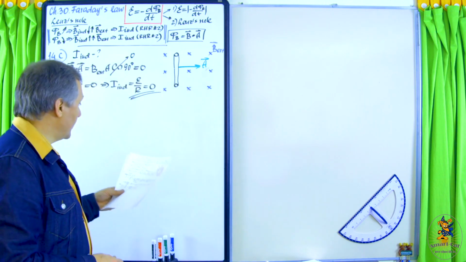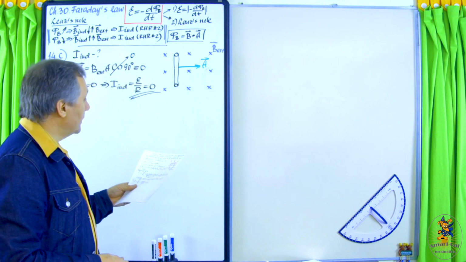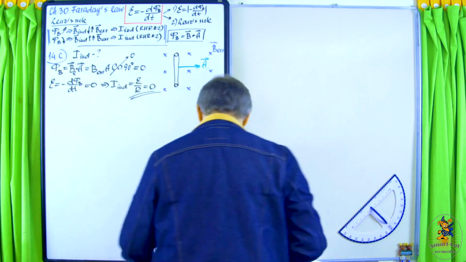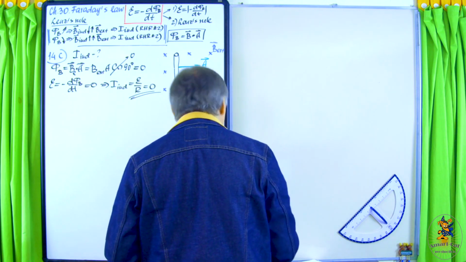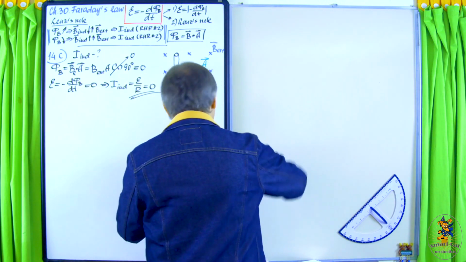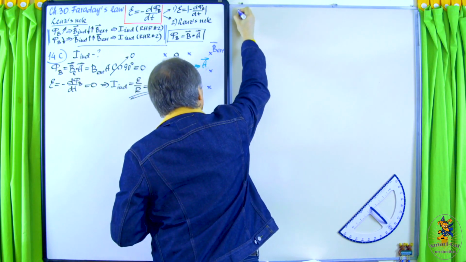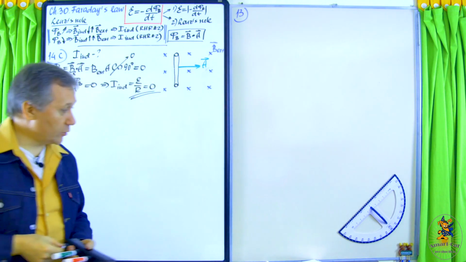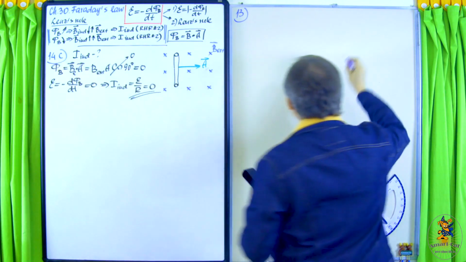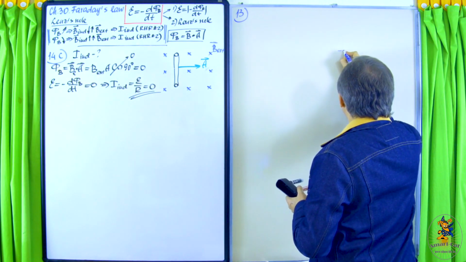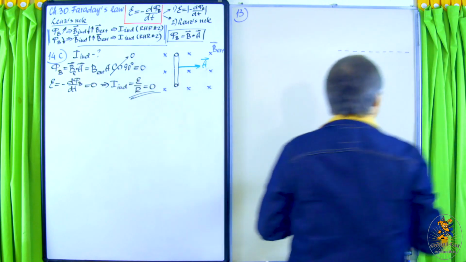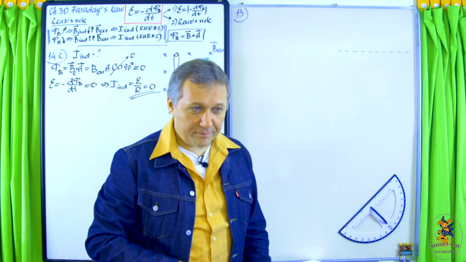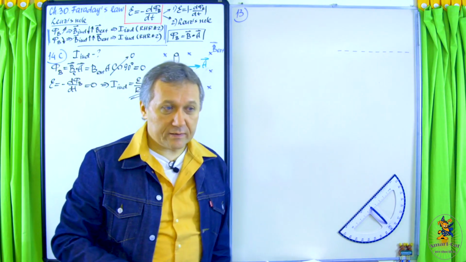So next, problem 13. And you know what? I'll probably go to that side of the board, so the whole problem will be on one part of the board. So problem 13. Now we have this situation. Let's say up to this line, there is a uniform magnetic field above this line, and the magnetic field below this line is 0.